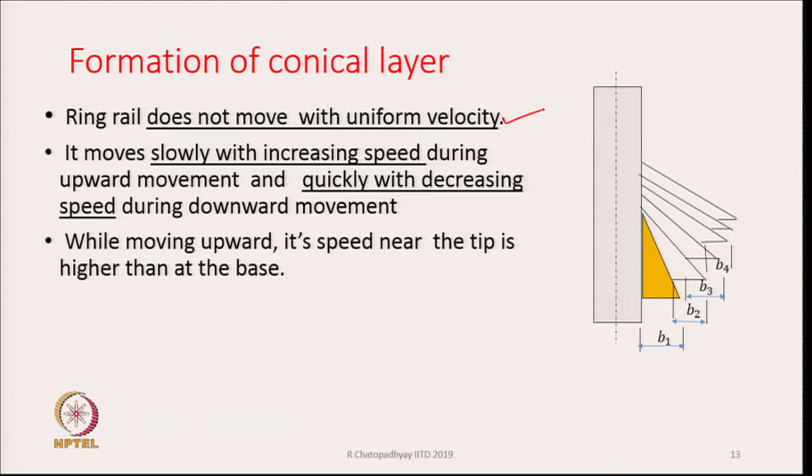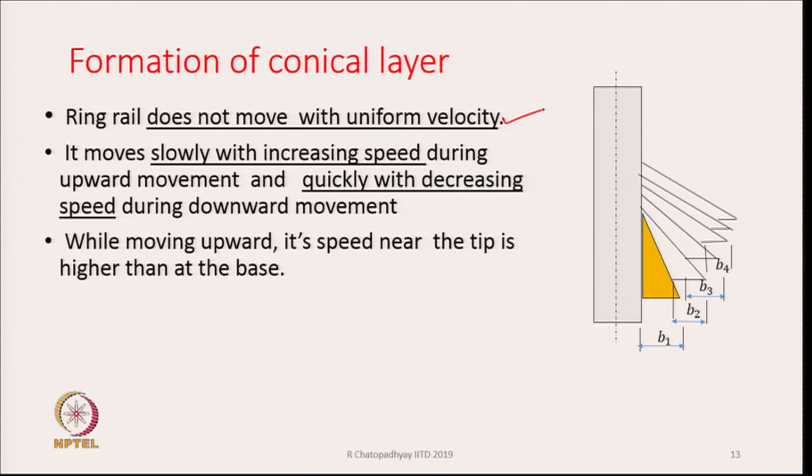As we have discussed, the ring rail does not move at a constant velocity, it does not move with uniform velocity while it is going up, and while it is coming down it is also not moving at constant velocity. Ring rail moves slowly with increasing speed during upward movement and quickly with decreasing speed during downward movement.